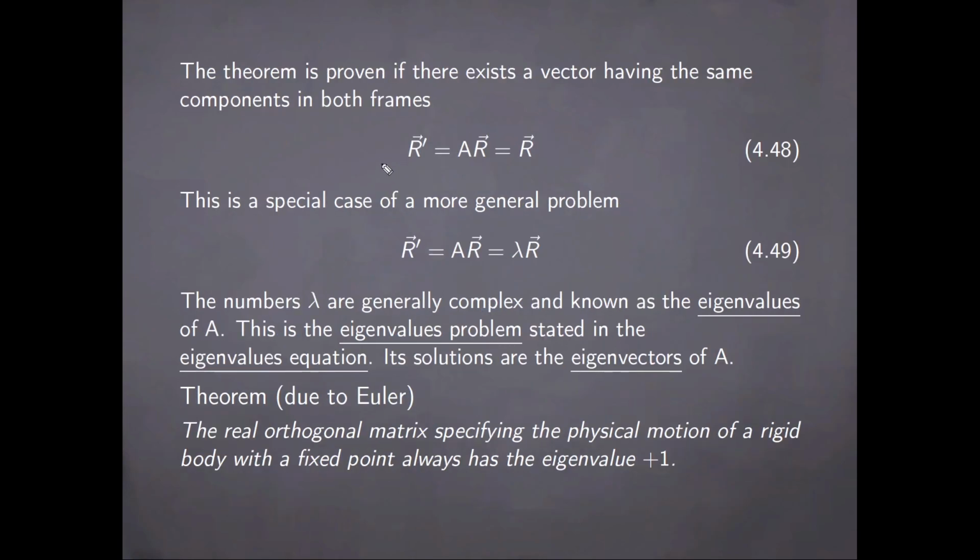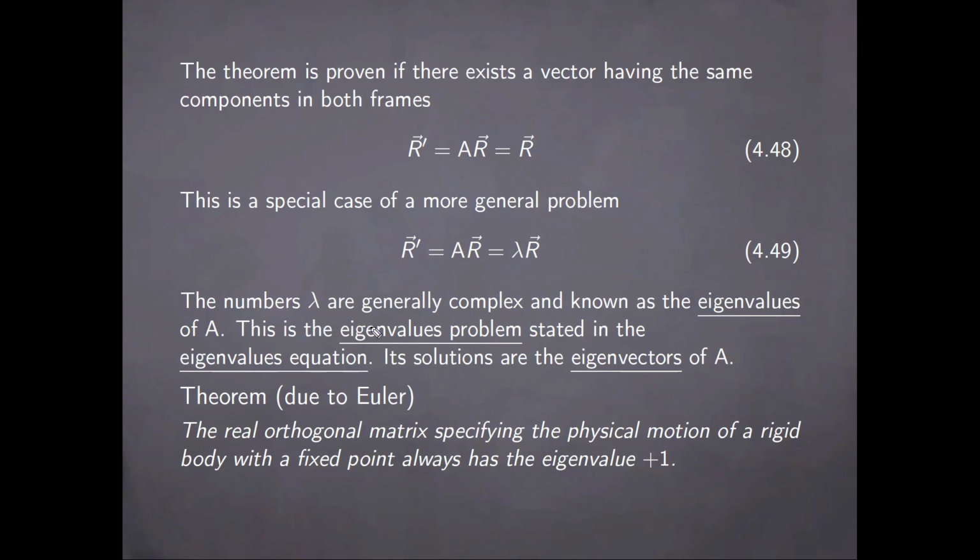In other words, the theorem is proven if there exists a vector having the same components in both frames. So if that vector is R prime and it is equal to the application of the transformation matrix A on the original vector R, the result of that operation is once again R. This is a special case of a more general problem where, when applying the transformation matrix A to the vector R, we obtain the same vector scaled by some quantity lambda.